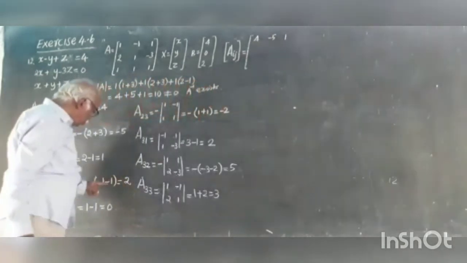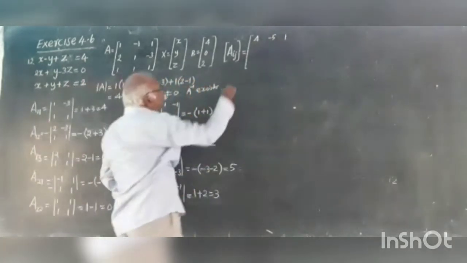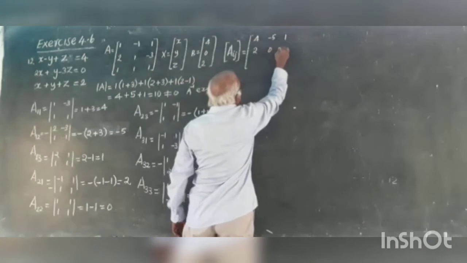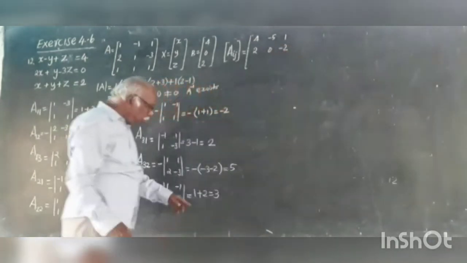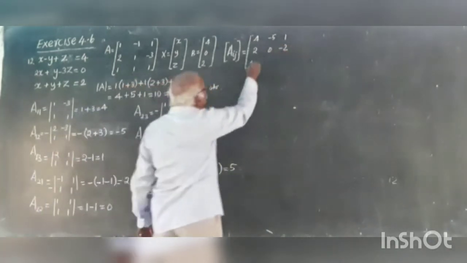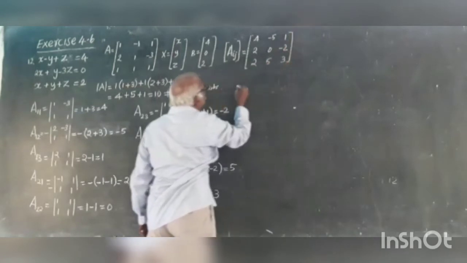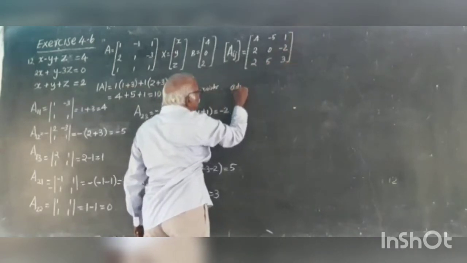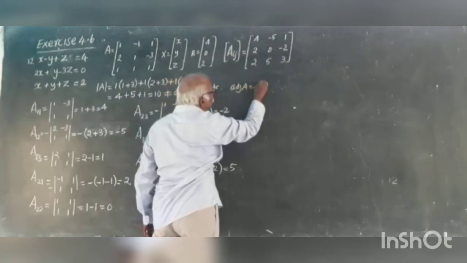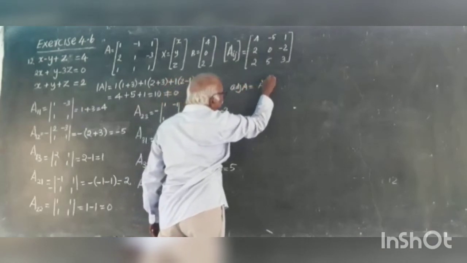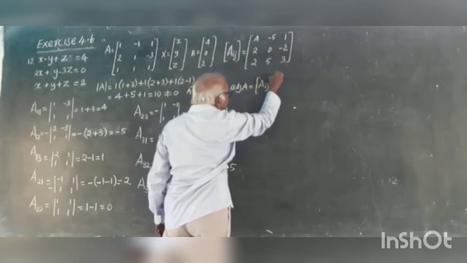Then 2, 0, minus 2. Third row 2, 5, 3. Then find adjoint A. Adjoint A is the transpose of the cofactor matrix.